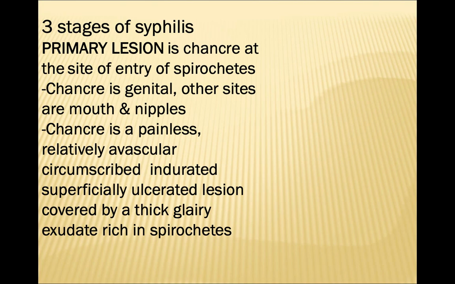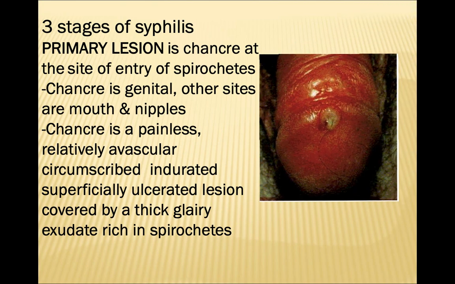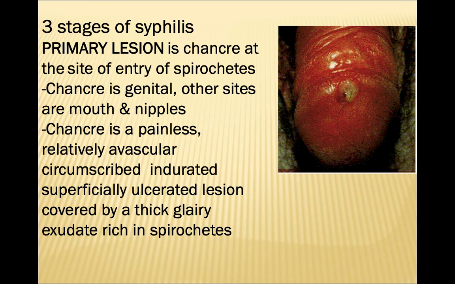The chancre gets covered with a thick exudate which is rich in spirochetes. The regional lymph nodes get enlarged, they become discrete, rubbery and non-tender in nature. The chancre heals by about 10 to 14 days. This is how a hard chancre appears.